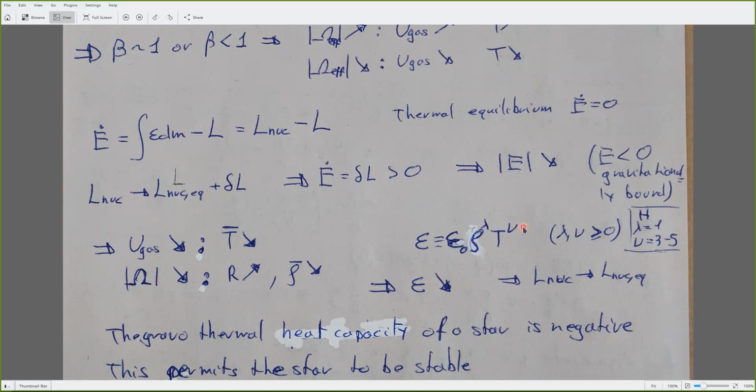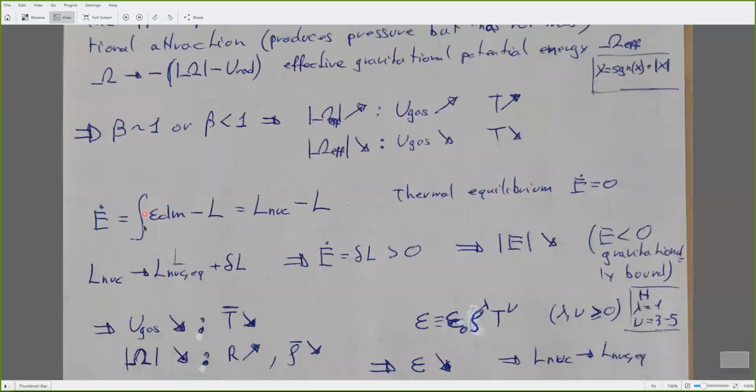Actually, this is for the proton reaction, so something like the Sun up to more or less 2 solar masses. Since the mean temperature decreases and the mean density decreases, epsilon will decrease, and as we saw, the nuclear luminosity is connected, so it will decrease.